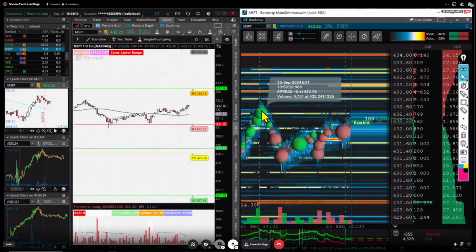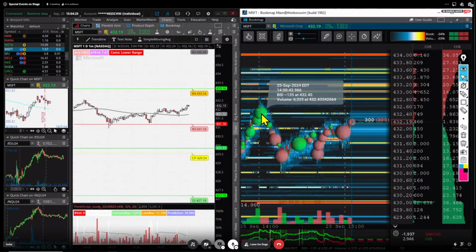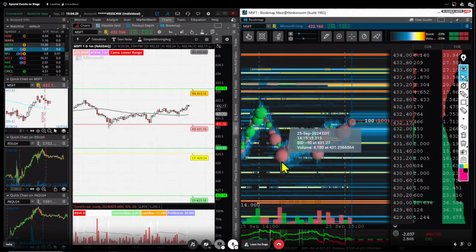These bubbles are using what's called volume CVD, cumulative volume delta, or volume delta. So this bubble is green, so that shows there was more buying that occurred at that level, right? As we were filled, we had more market buys at that level, and then we fell away.